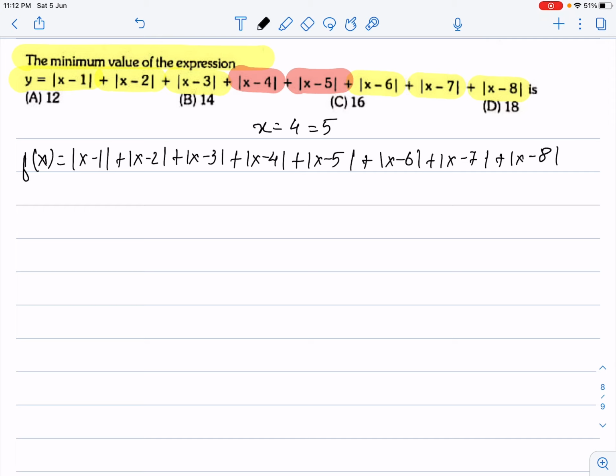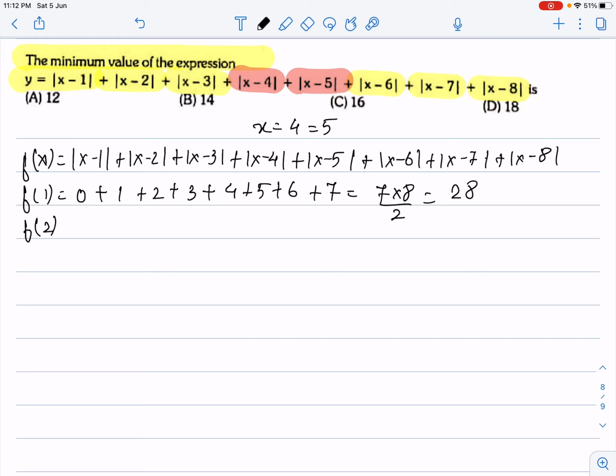So if f of 1 is asked, we'll be writing 0 plus 1 plus 2 plus 3 plus 4 plus 5 plus 6 plus 7. That will be becoming 7 multiplied by 8 by 2, that is 28.